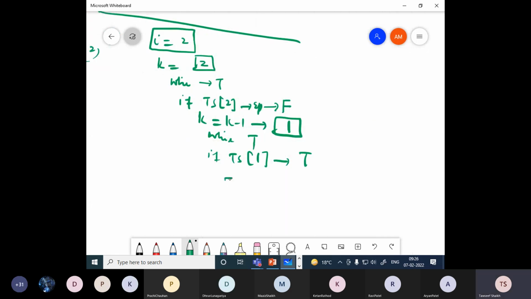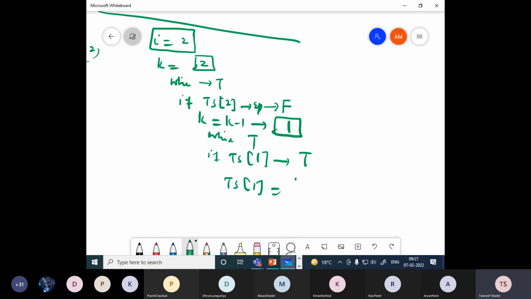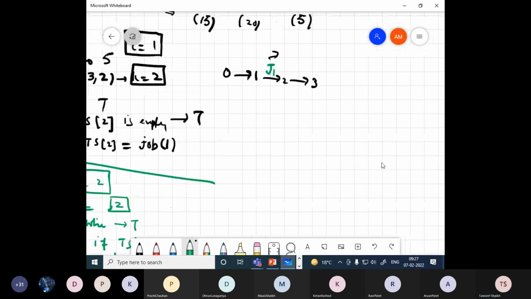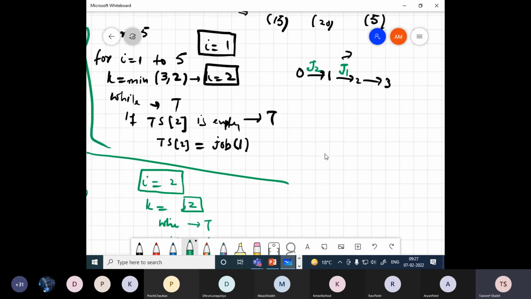So in place of time slot of 1, assign the value of job of I, and I is equal to 2. So job 2 will be assigned in this slot, next to J1. Similarly, this algorithm will go on, and every job will be assigned into their respective time slots.